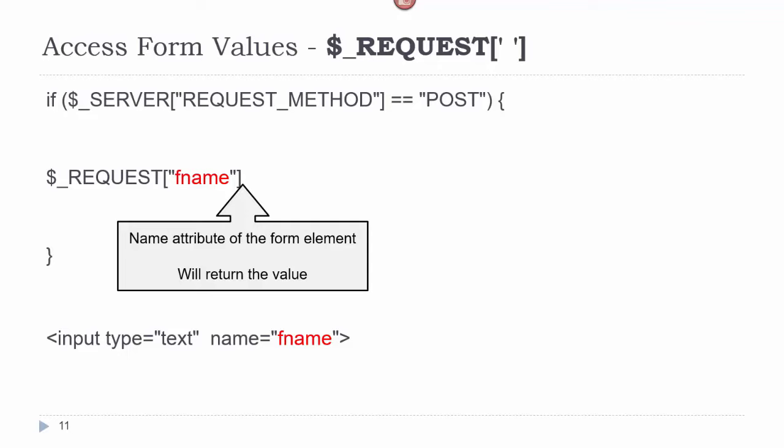The $_REQUEST server variable. When it comes to retrieving form values, you want to have a little bit of error checking in place. If the data is sent via a post, you need to retrieve it that way.